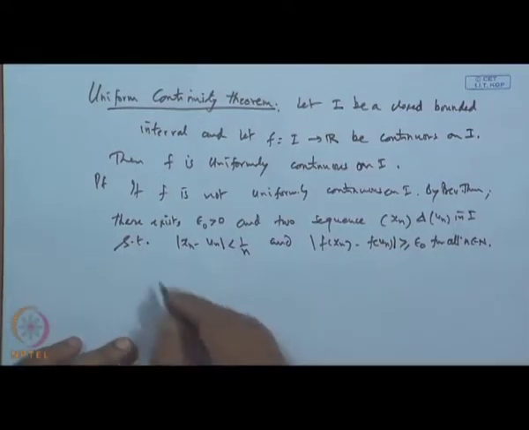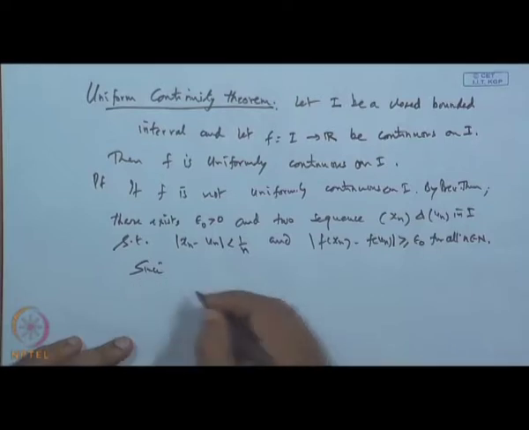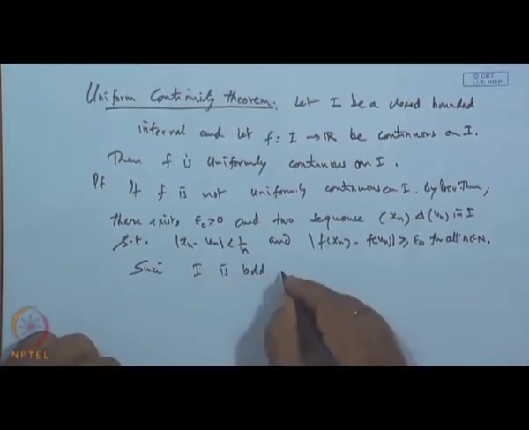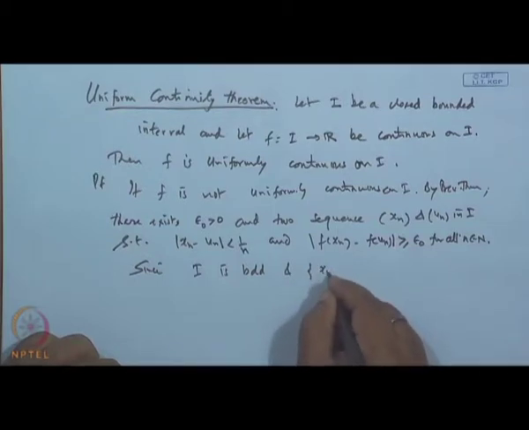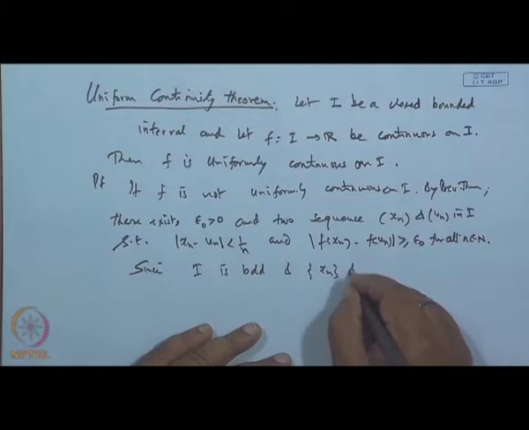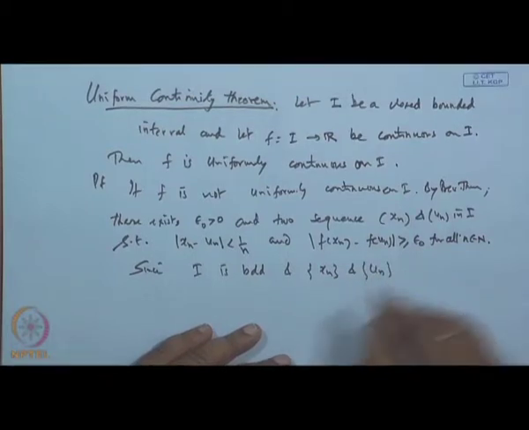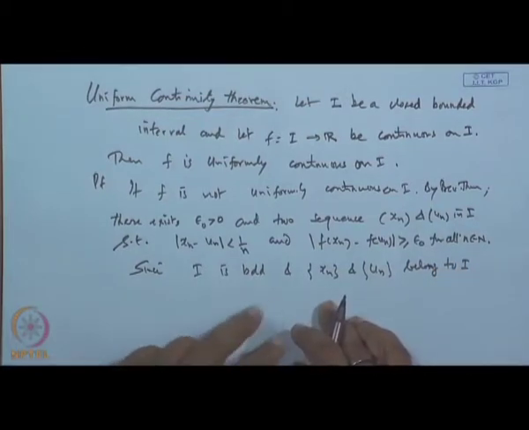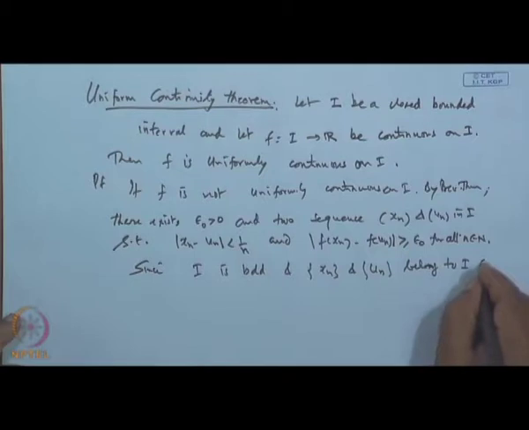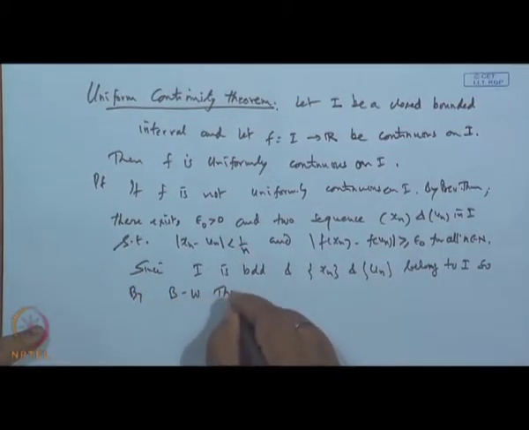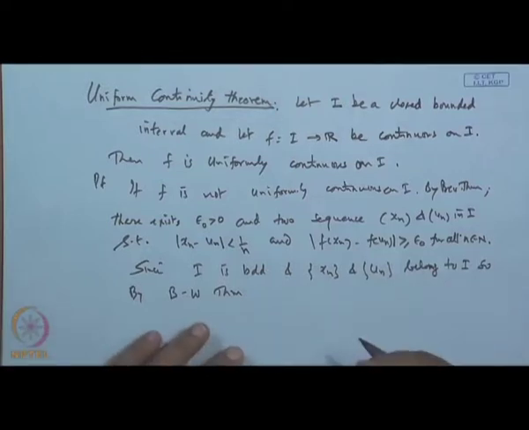Now, since I is bounded and the sequences x_n and u_n both belong to I, by the Bolzano-Weierstrass theorem, every bounded sequence has a convergent subsequence.